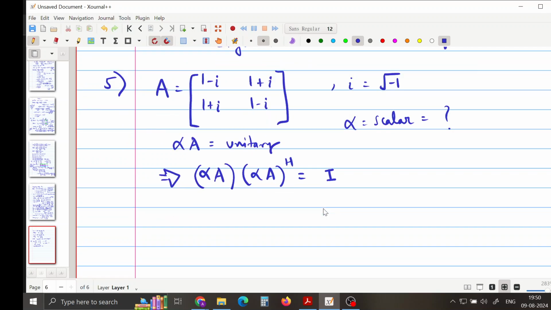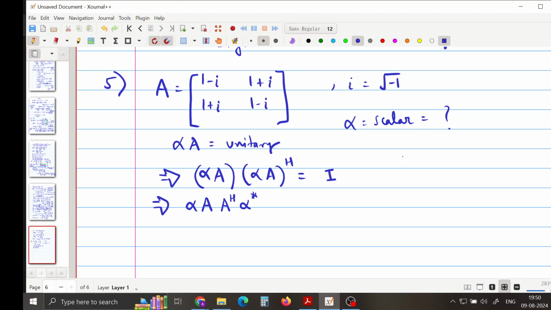This is the condition for a unitary matrix. So if you split the Hermitian, you will get A Hermitian times alpha Hermitian, which is the same as alpha conjugate, because alpha is a scalar.